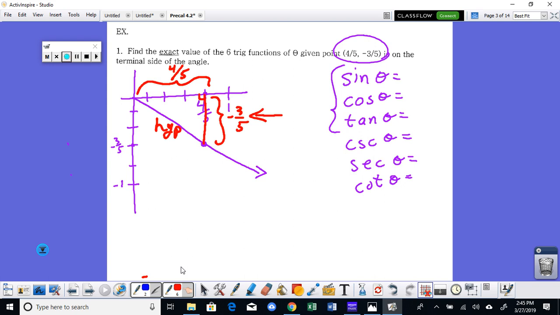Very good. Pythagorean theorem. Pythagorean theorem is a squared plus b squared equals c squared. So 4/5 squared plus a negative 3/5 squared equals my hypotenuse squared.